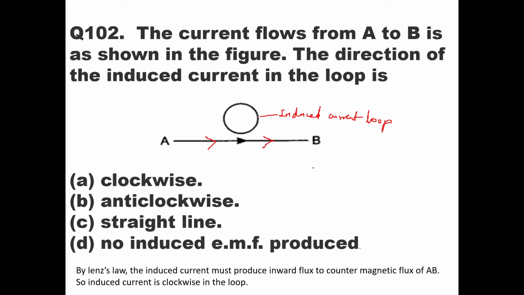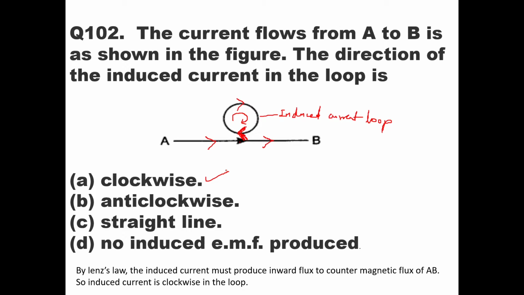So in this loop the current direction should be opposite to this direction. Seen like this, it is a clockwise direction. So out of the options, the first option will be right. The induced current will have a clockwise direction.